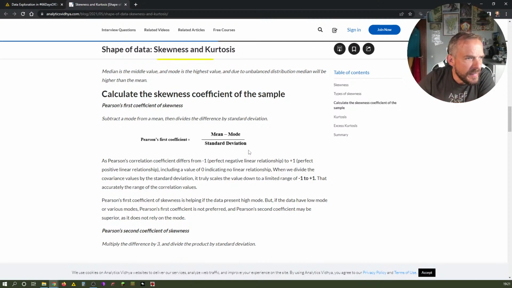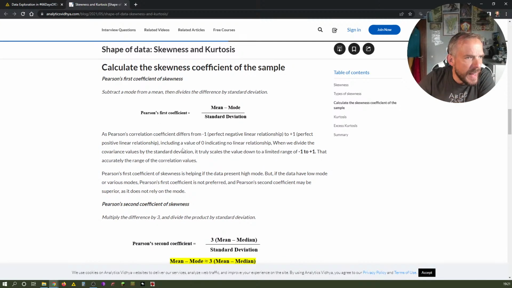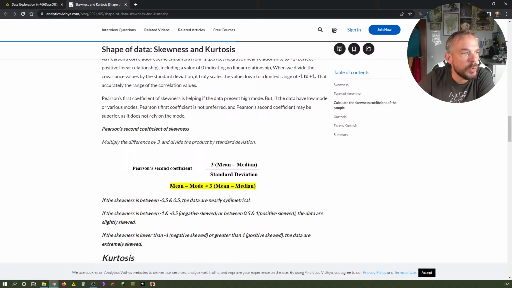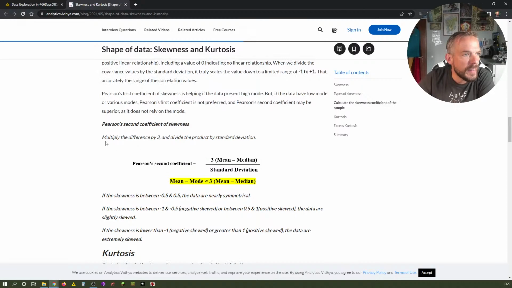This is helpful if the data present has a high mode. But if the data has a low mode or various modes, which we also discussed yesterday, this coefficient calculation is not preferred, and we should have a look at the second one. The second one goes like this: multiply the difference by 3 and divide the product by standard deviation.